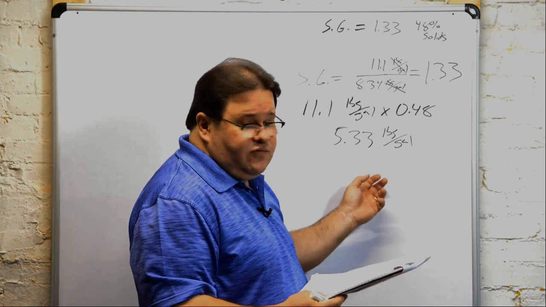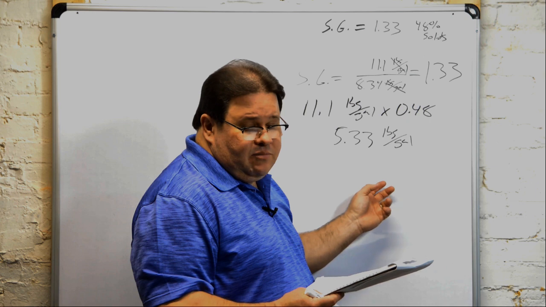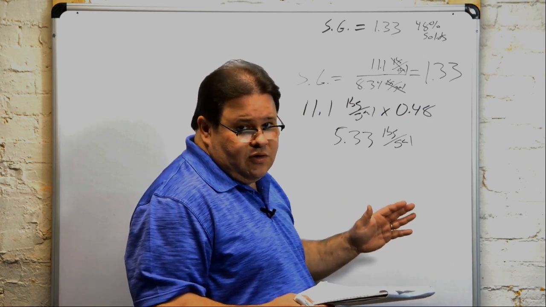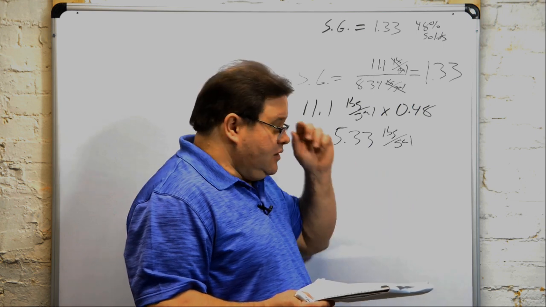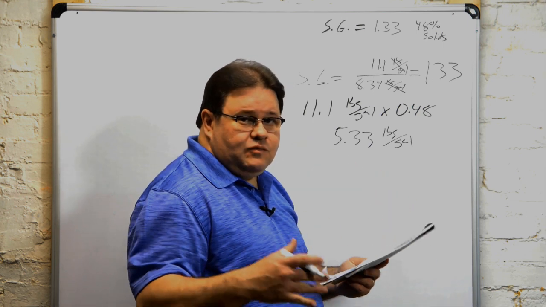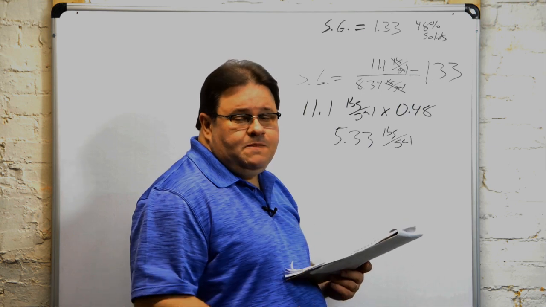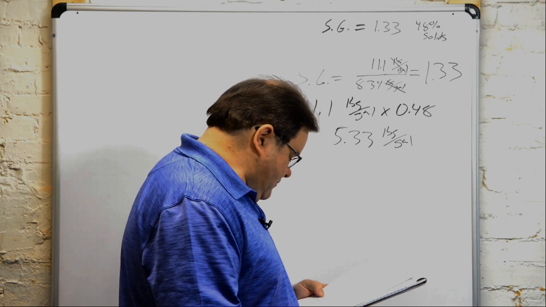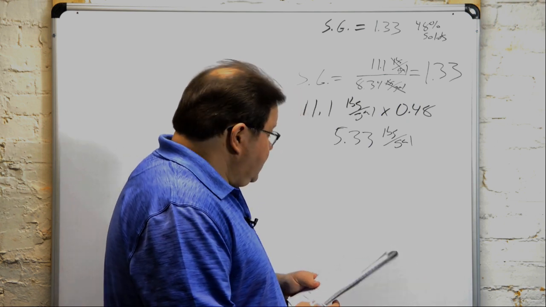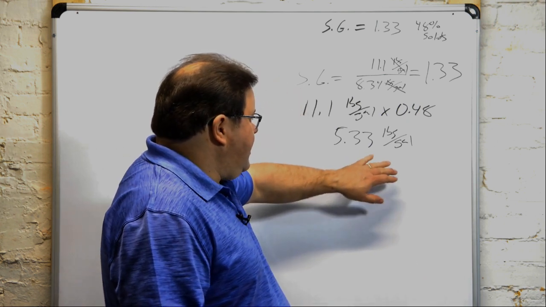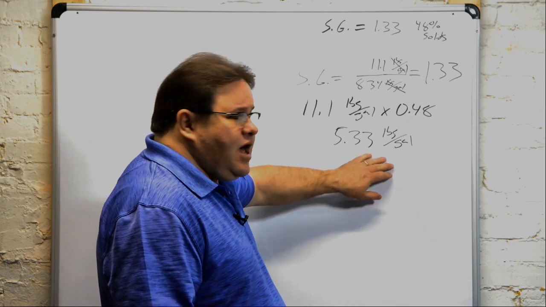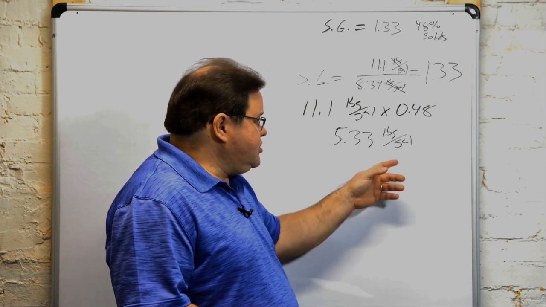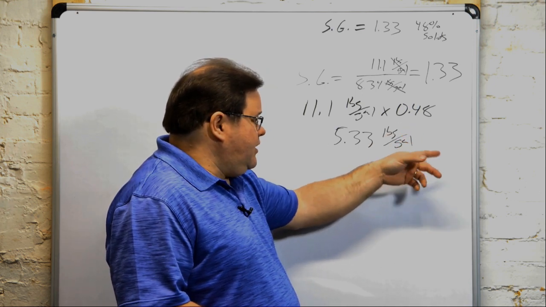You won't find a whole lot of difference, but I would recommend making a new standard solution every time you get a new load of your aluminum sulfate, so that you'll be consistent between what your jars are telling you and what you're seeing in the plant. So we've got 5.33 pounds per gallon. That's actually a concentration, just like milligrams per liter. It's just in English units, so we've got a weight and a volume.